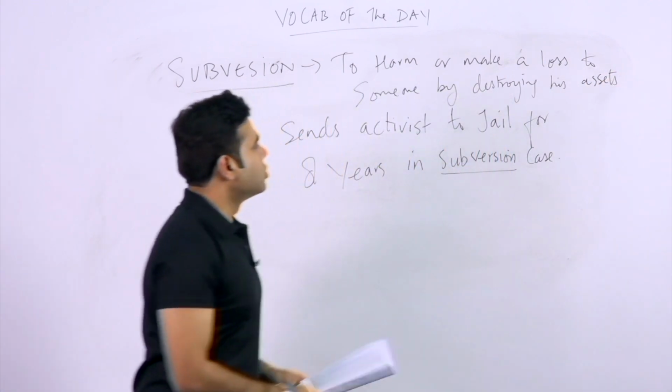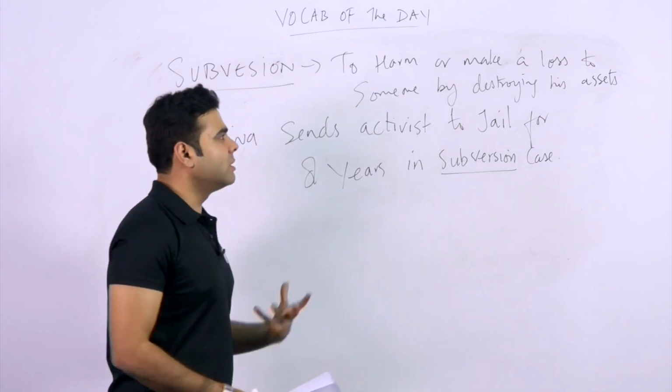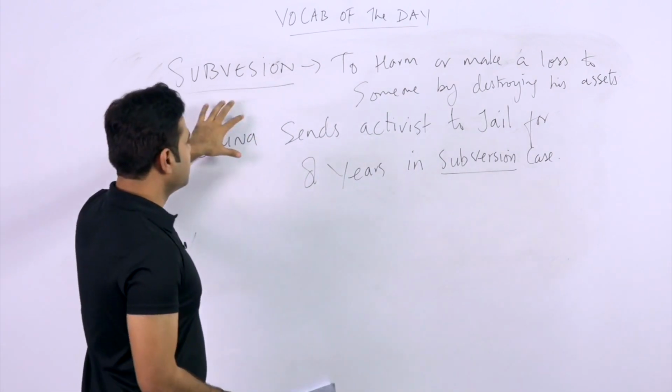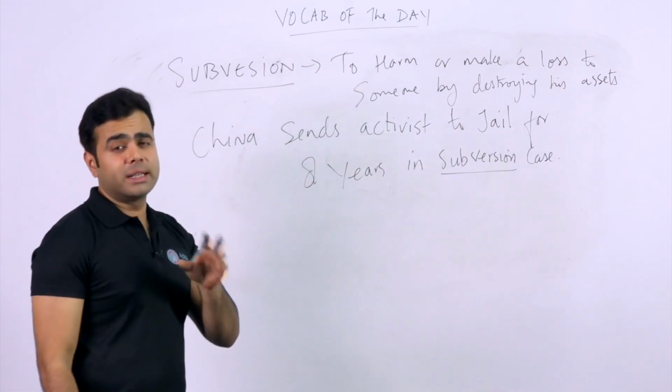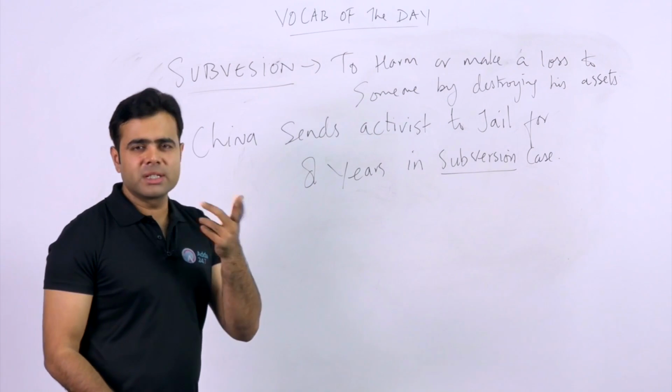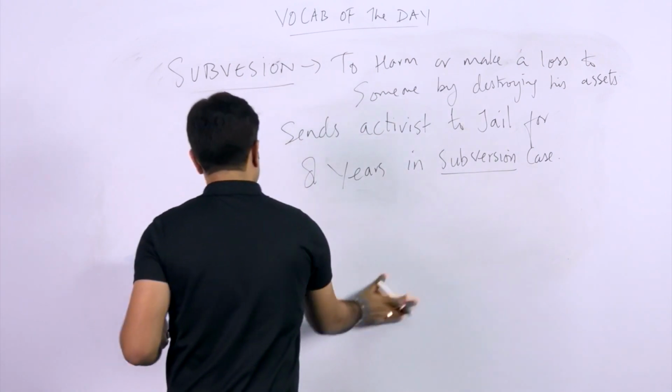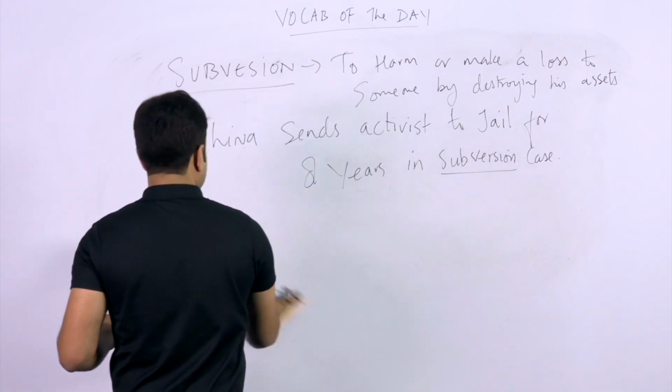In simple words, to harm or make a loss to someone by destroying his assets, you can use the word subversion. China sends activists to jail for 8 years in a subversion case. So what could the subversion case mean? What should be the meaning? Now let's talk about the meaning.